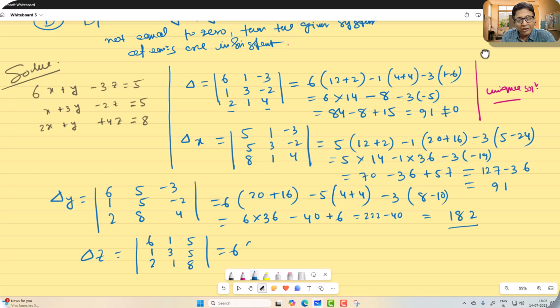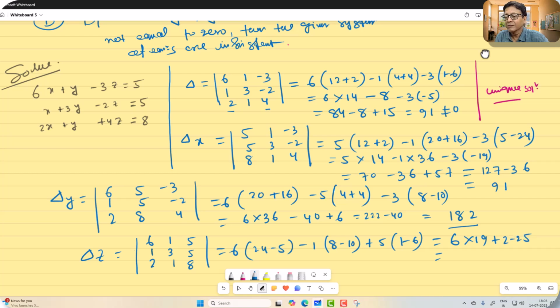If you solve it, it will be 24 minus 5, then minus 1 into 8 minus 10, 5 into 1 minus 6, 6 into 19 plus 2 minus 25. So 114 minus 23. This is also 91.